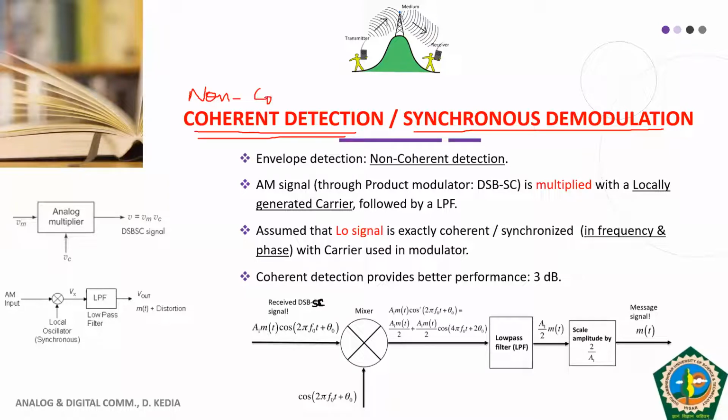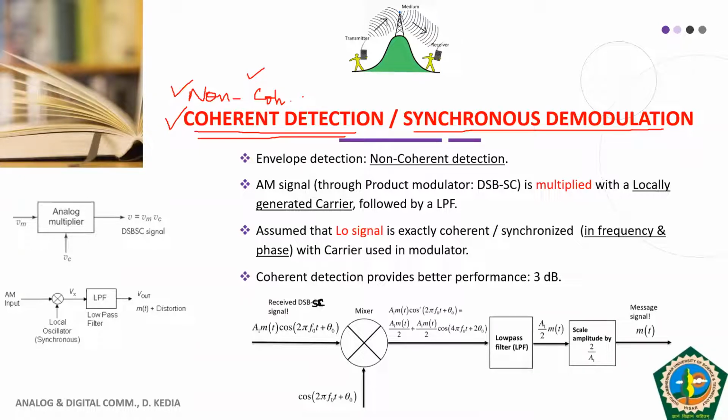Another name for coherent detection is synchronous detection or synchronous demodulation, whereas non-coherent can be called non-synchronous or asynchronous detection or demodulation.